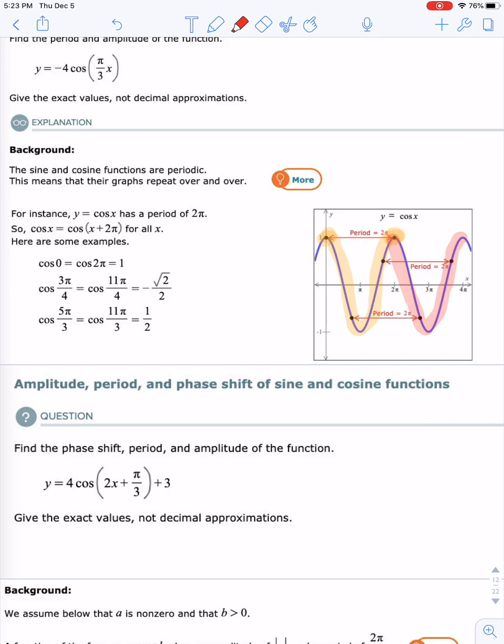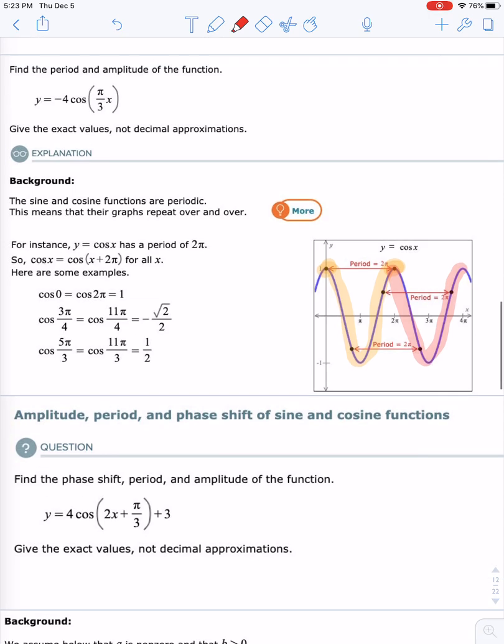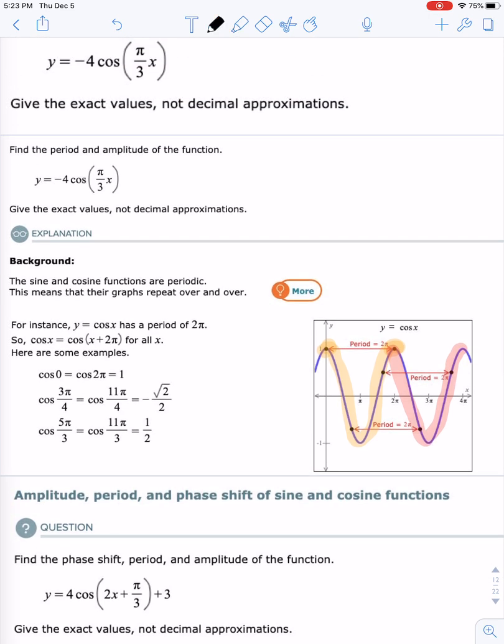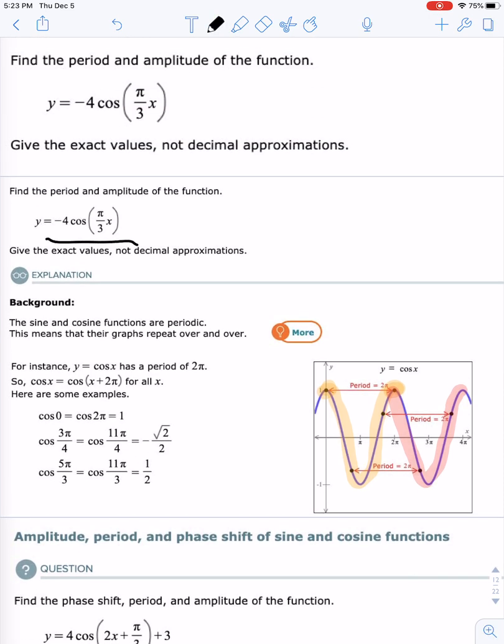On the graph, that's what the period looks like, but I'm going to show you how to calculate it from the equation. From this equation, a times cosine bx, this value b helps us to find the period. Remember, when you multiply a function, it doesn't matter what function you're working with, it either shrinks or stretches your graph.